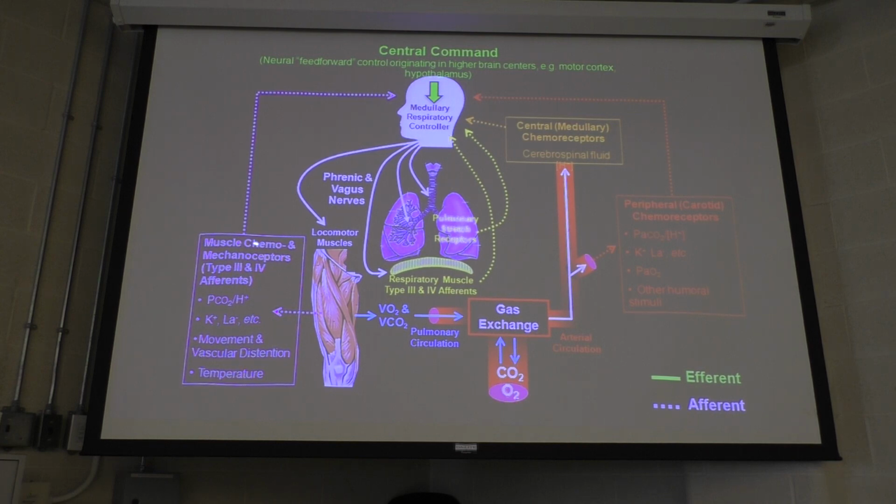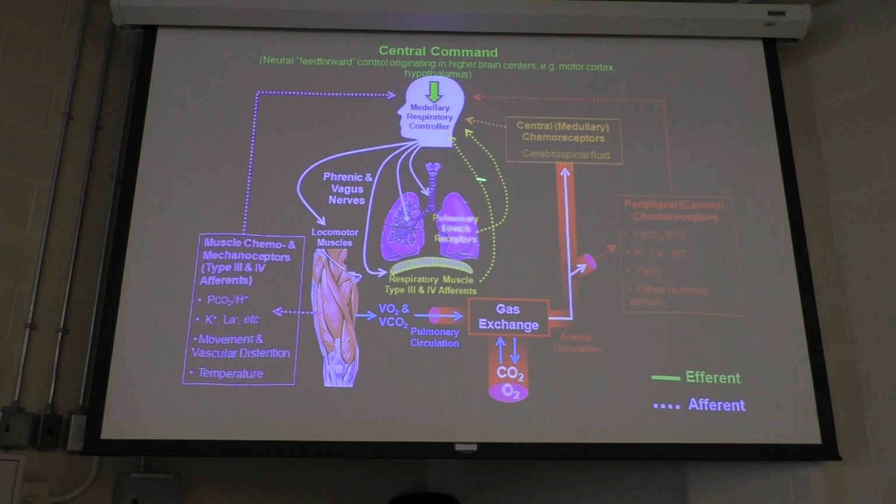So we have chemoreceptors or metaboreceptors and mechanoreceptors: type 3 and 4 afferents that exist in the muscles and can respond to hydrogen ion, different ions, movement, vascular distension, and temperature. We have all of these inputs at the muscle, which is really the site of metabolic demand during exercise, that can signal to the respiratory controller to increase ventilation. We're working. We need more gas exchange. We need more nutrients delivered, more byproducts removed. The lungs are an important component of that, so increase ventilation.